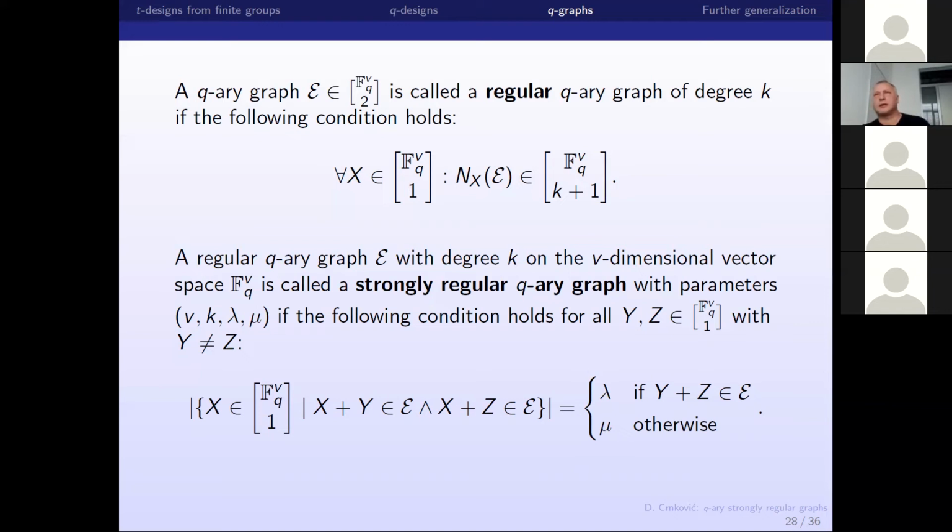So now we're talking a lot about this generalization. After a lot of thinking, we thought that this is the right way to generalize a strongly regular graph to the subspace case, so to generalize it to vector spaces.